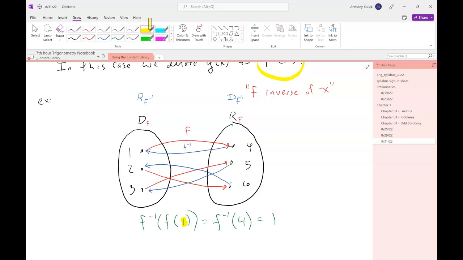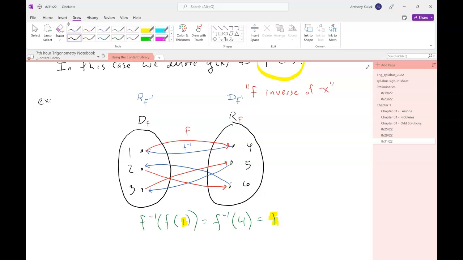So whatever the input was is the output after the composition. If we start with 1 and we do f to it and then we do f inverse to it, we should get 1 back. The inverse basically undoes everything that f did. Do you guys kind of see what's going on there from the picture?